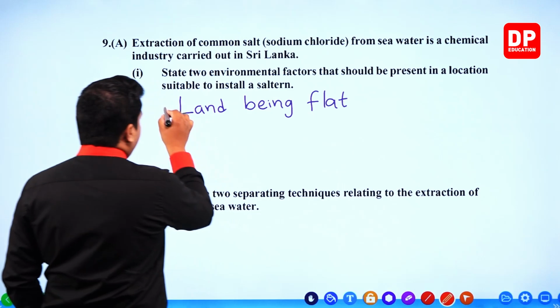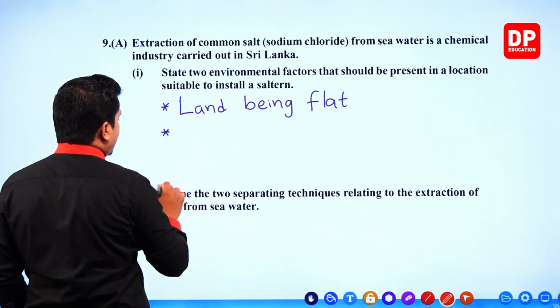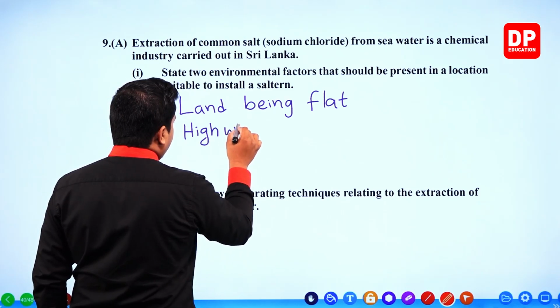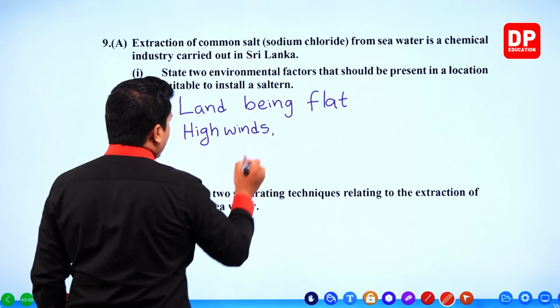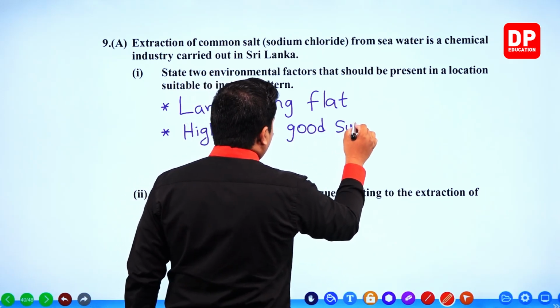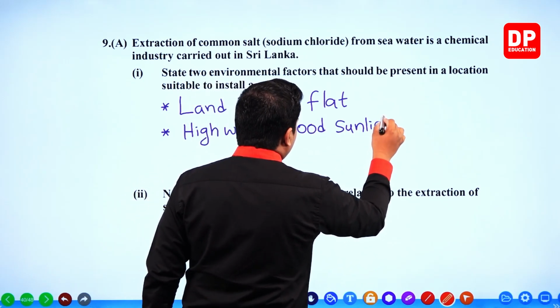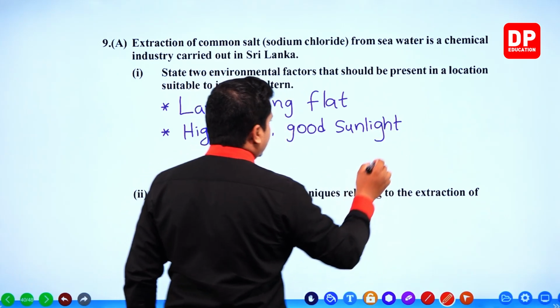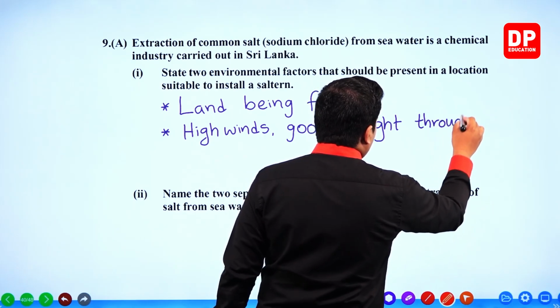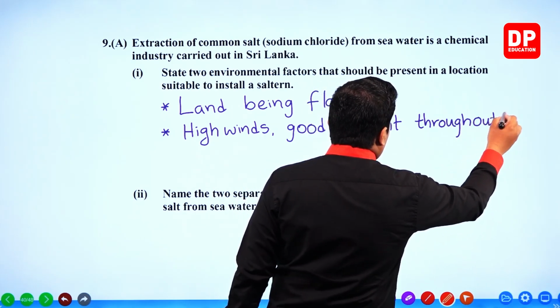Then, high winds, good sunlight throughout the year.